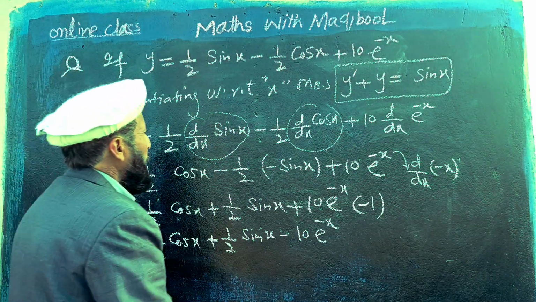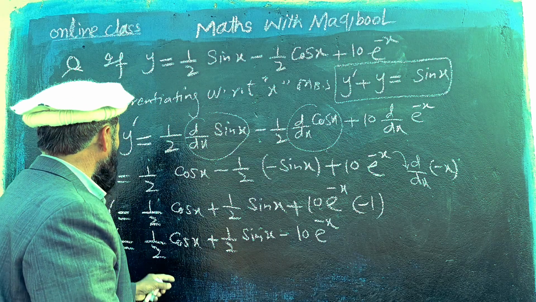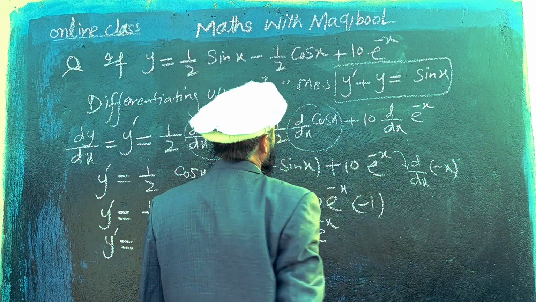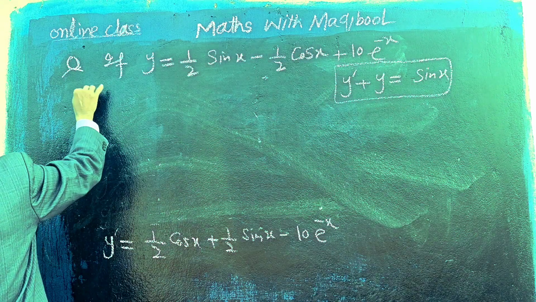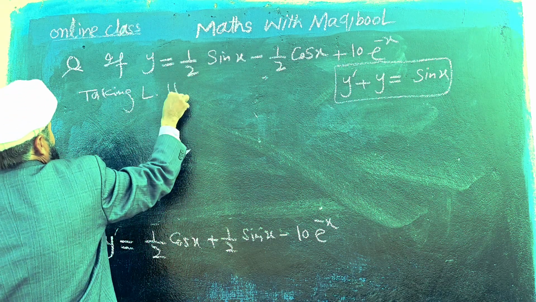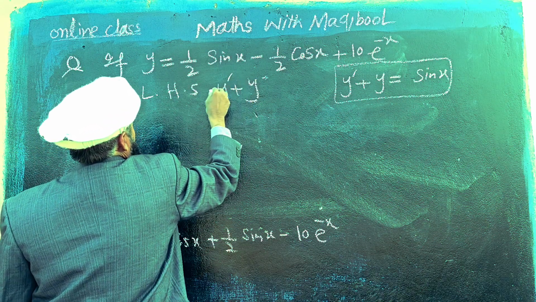But we require y plus y dash. That is the value of y dash. Now we take the left hand side, y and y dash.